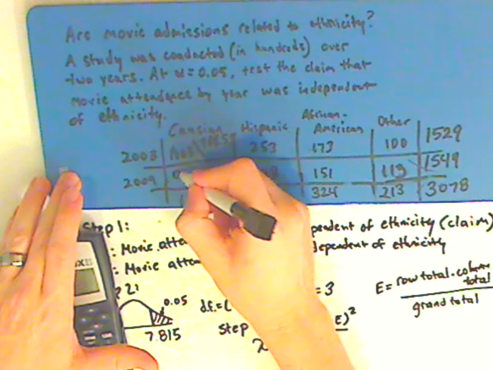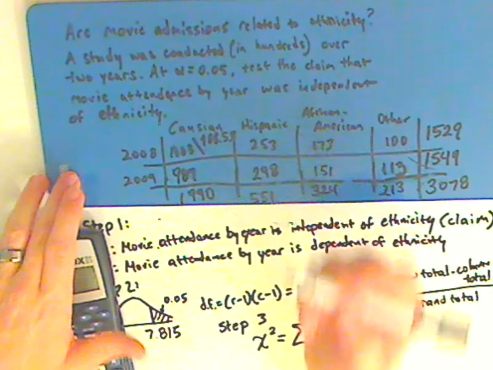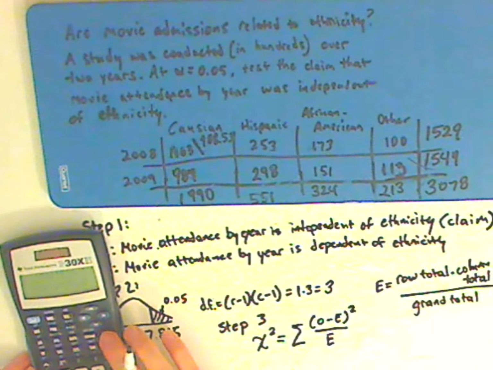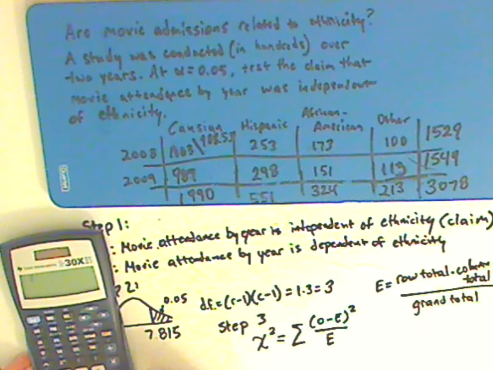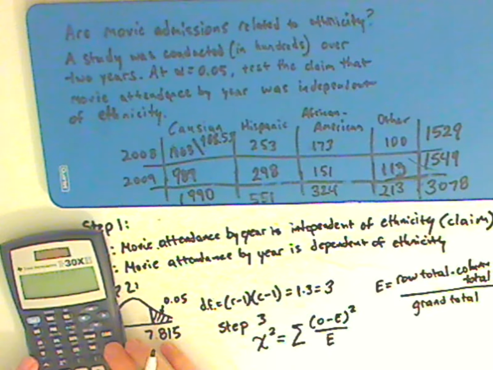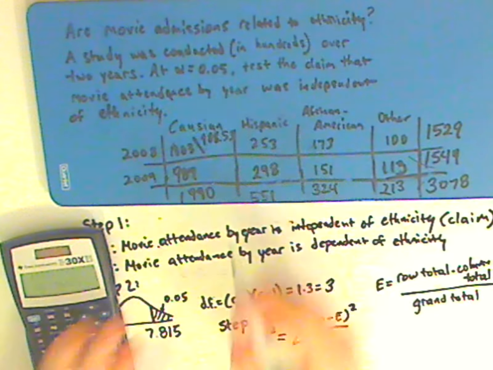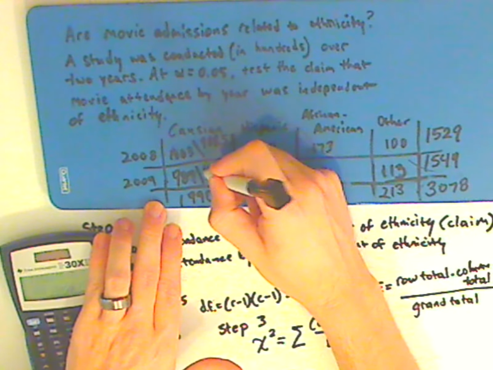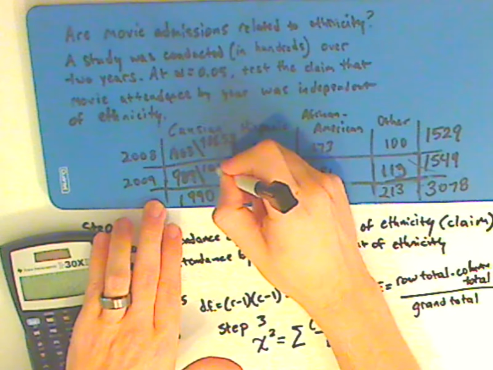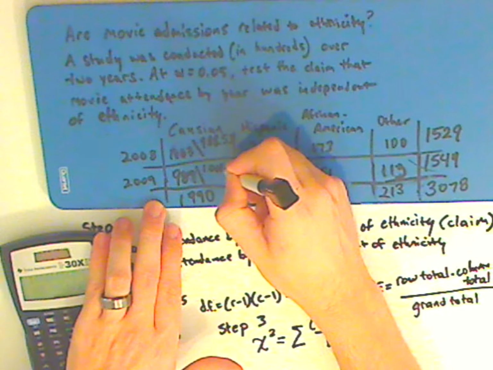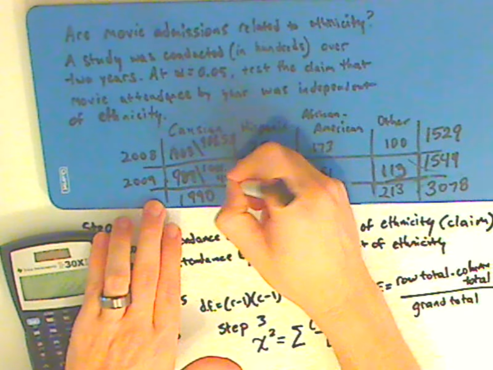Do the same thing with this one. Clear. 1990 times 1549 divided by 3078 gives me 1001.47.